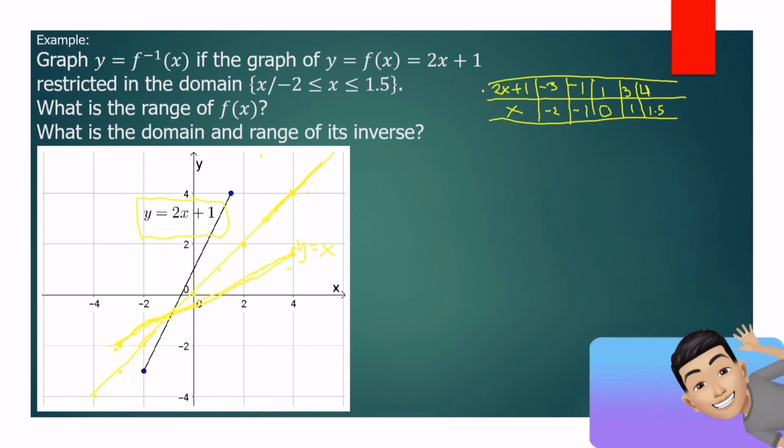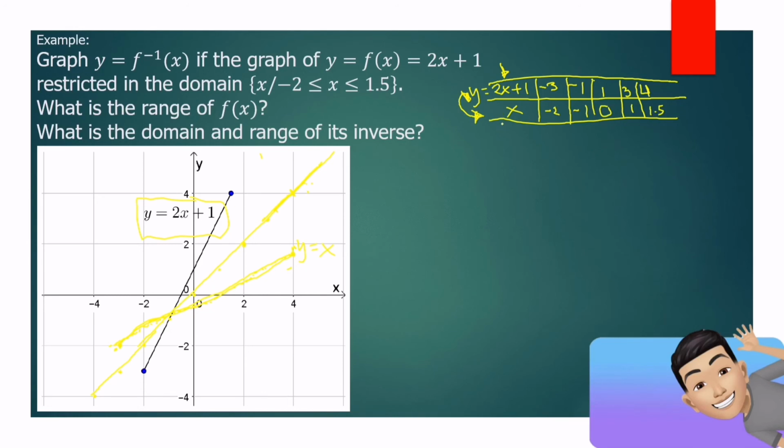By definition, if this is y equal to 2x plus 1 and kunin natin yung inverse niya, sabi doon, mag-i-interchange lang ang kanyang set of domain at saka set of range. So meaning to say, kung ang magiging range natin ay ito na, itong nasa taas, ang magiging domain natin itong nasa taas, magiging range natin itong nasa baba.